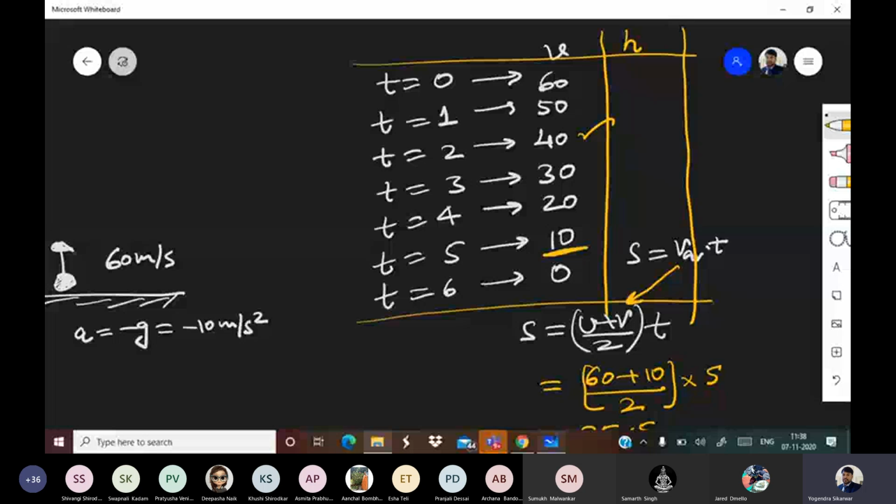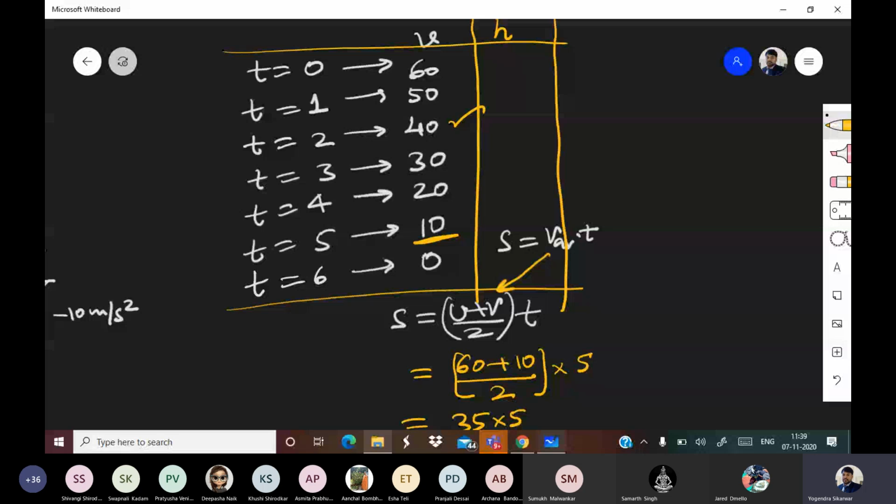At t equal to 0, velocity is 60, and the object is at ground only. So height is 0. We don't need to do any calculation. Object is just thrown, so t is equal to 0. So (v plus u) by 2 into t will give you 0.